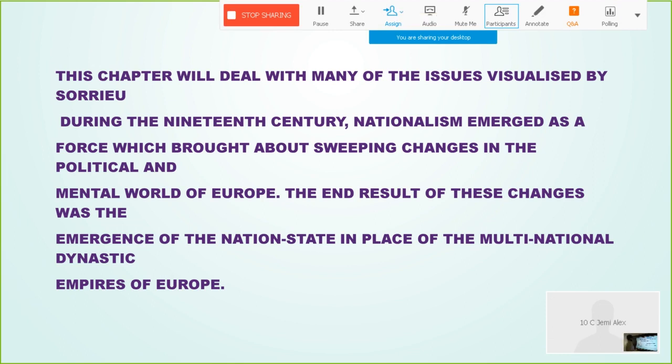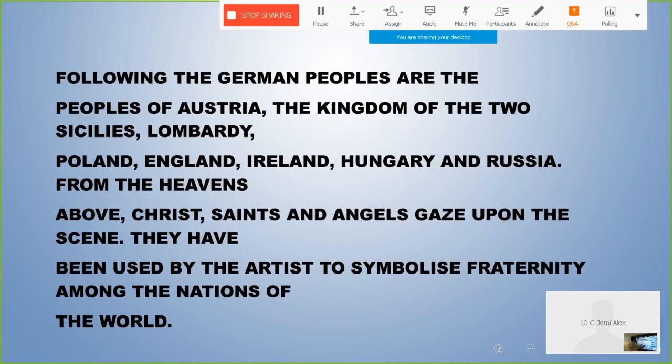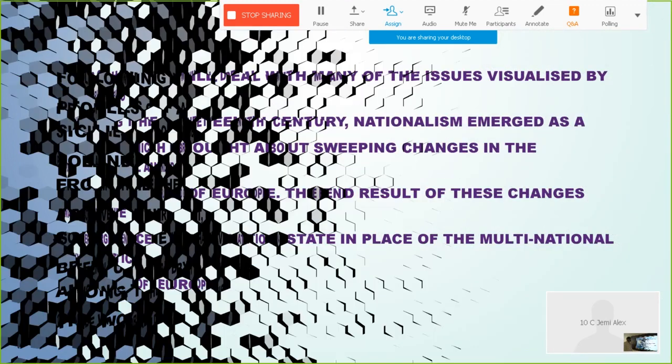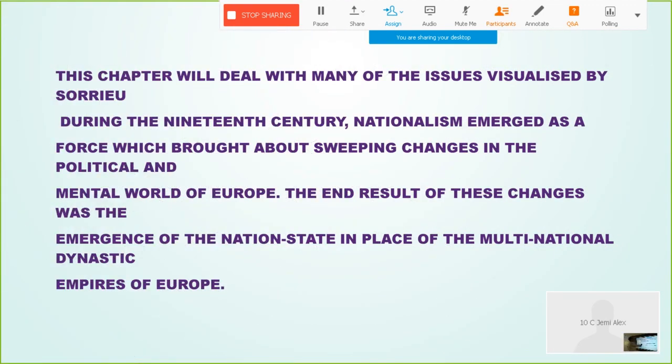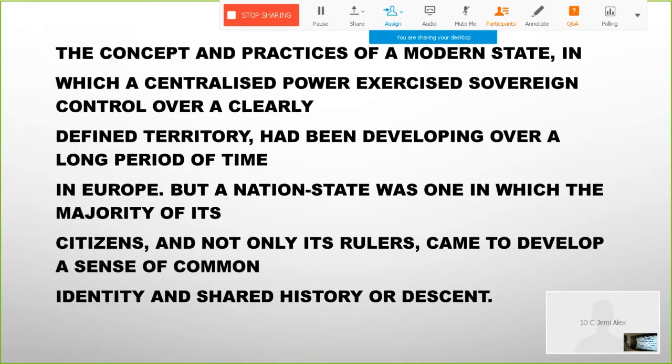Due to this picture, this concept of modern states was created after that.